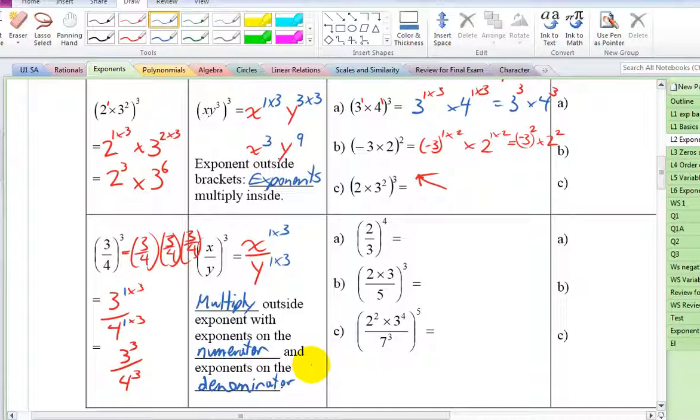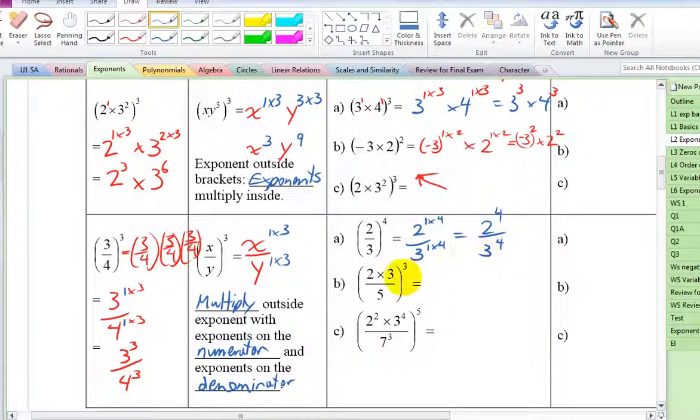So to show your work properly over here, what's the work on the 2? And what's the work on the 3? Good. 2, 4, 3, 4.